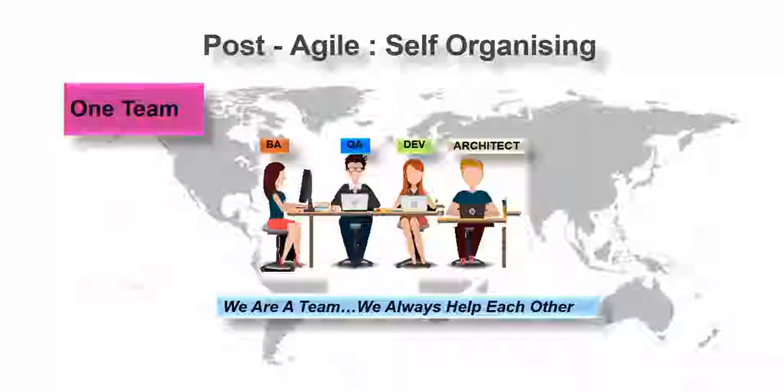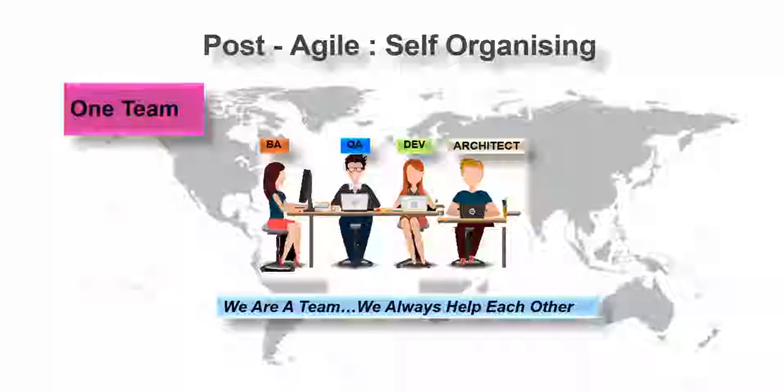But we together are a team, and we together will deliver the functionality, the product, or the work that is expected from us. So this is what a self-organizing team does. If an issue or concern comes within the team, it doesn't get escalated to the next level. It usually gets resolved within the team.